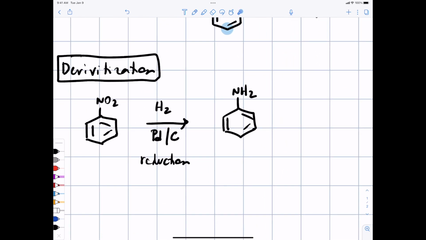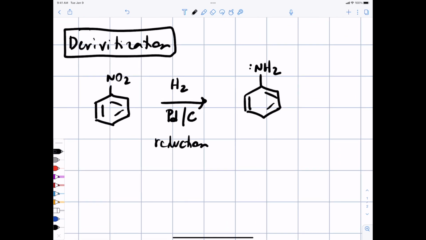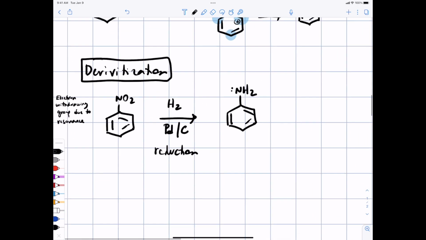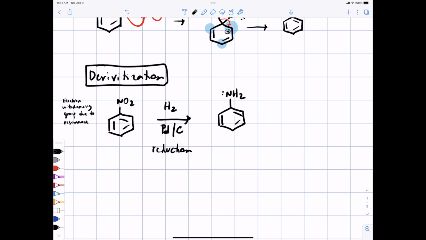We haven't necessarily talked about this yet, but the nitro group is what we're going to call an electron withdrawing group because of resonance. Whereas, and I'll say more about that in a little bit, the amino group is an electron donating group via resonance.